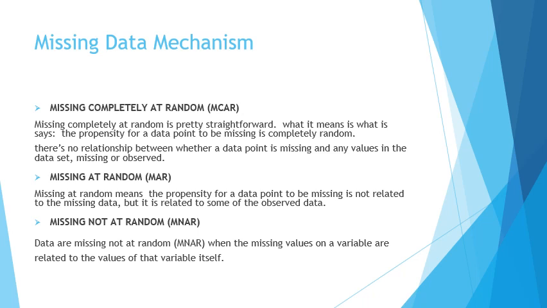Second, missing at random, assumes that there is some relationship between the predictors and missingness. Third, missing not at random, assumes that missing values on the variable are related to values of that variable itself.